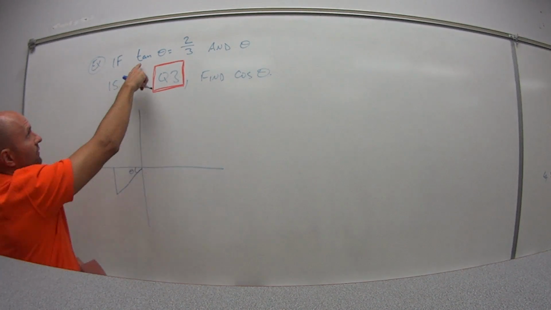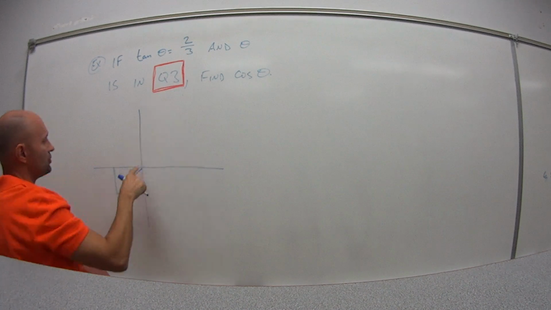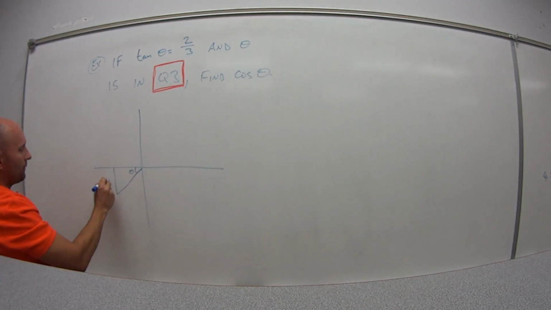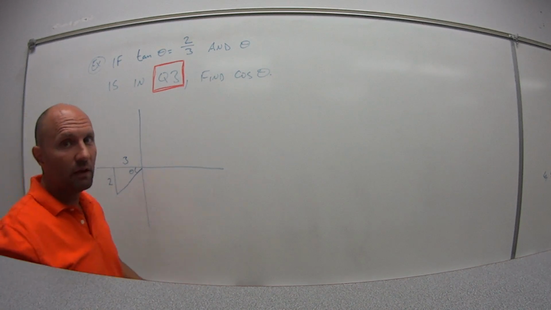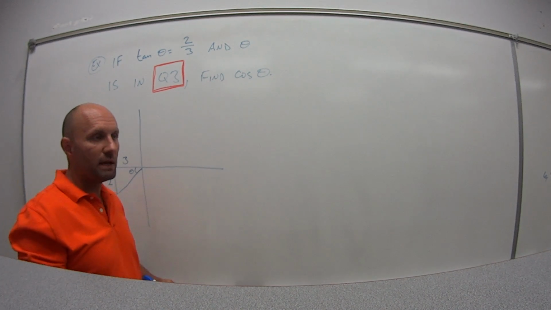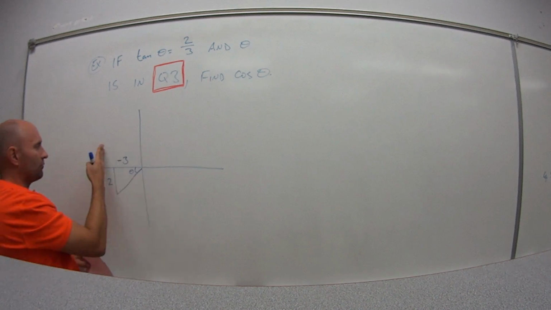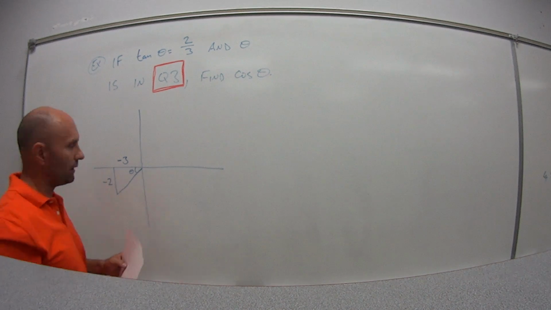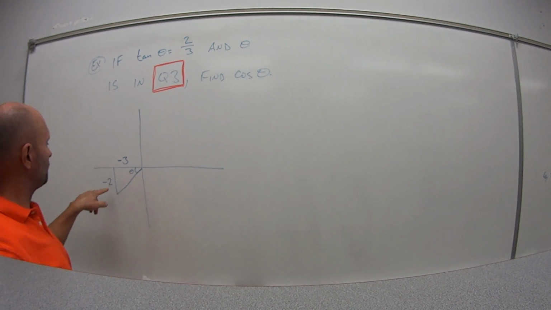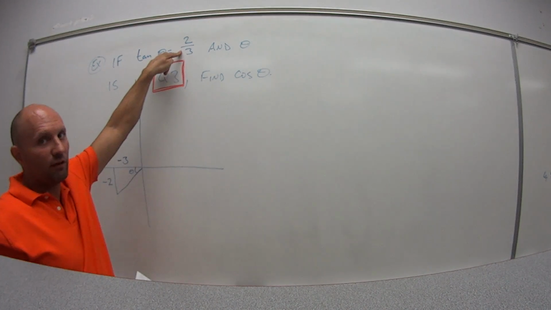So if that's the case, tangent is what? Tangent is opposite over adjacent. So it'd be opposite over adjacent, but because we're in quadrant 3, that means what? This is actually a negative value because I'm coming 3 units to the left, and then I'm going down 2 units. So tangent of theta is really negative 2 over negative 3. The negatives cancel out and give me 2/3.